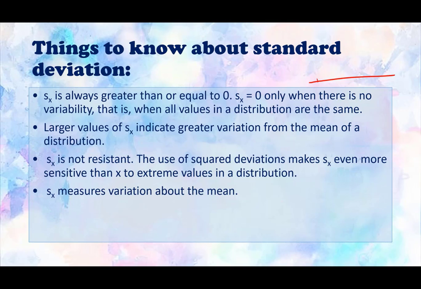So if we had a distribution of 1, 2, 3, 4, and every number was 3, well then obviously the mean would be 3, and nothing deviates from that. So the standard deviation would be 0. Larger values of the standard deviation indicate greater variation from the mean. Another example of that would be, let's say we have 1, 2, 3, 4, 5, and we have the mean, and then we can have things further away from the mean.